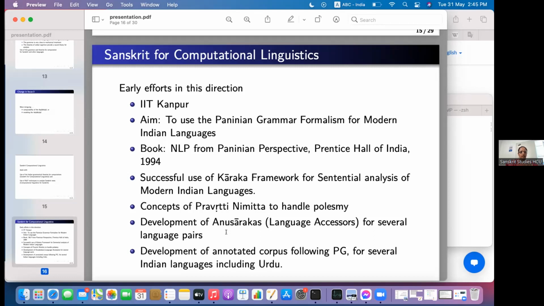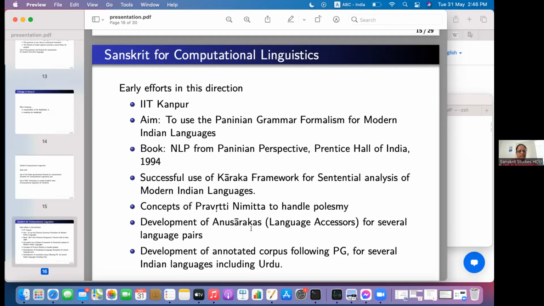So when you have a polysemous word, why is it that you can use this word to denote this as well as that? It is the concept of etymology. Etymology decides what the pravrutti nimitta is. So the etymology tells you how you can handle the polysemy. This concept was used effectively in developing these systems.